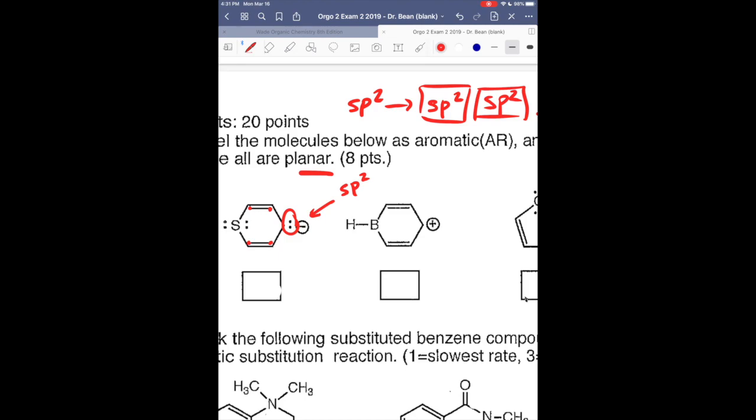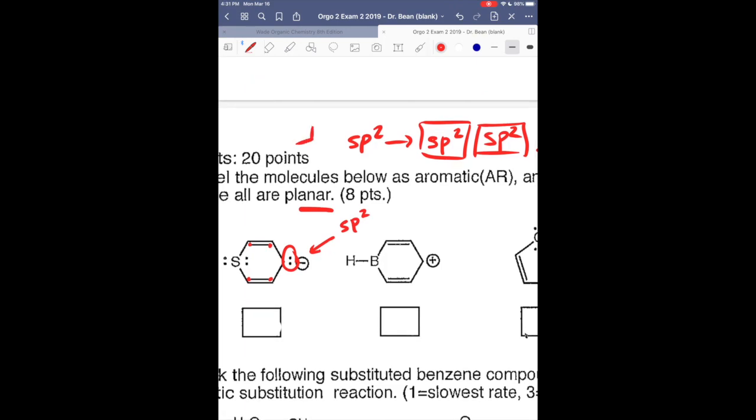If it's in an unhybridized p orbital, then yes, it will be traveling throughout that donut of electrons, as I like to call it, that is so special to the benzene ring, to an aromatic molecule. So what we have going on here is that the lone pair is in the unhybridized p orbital.